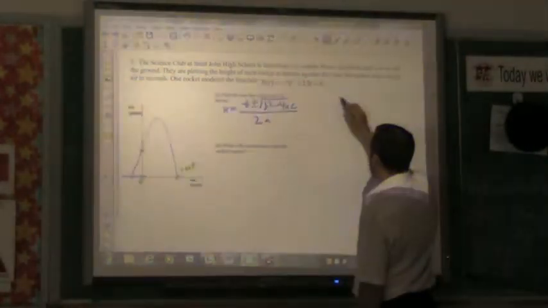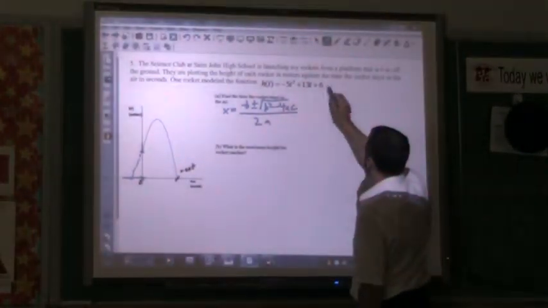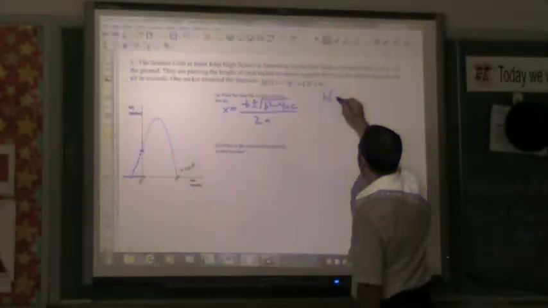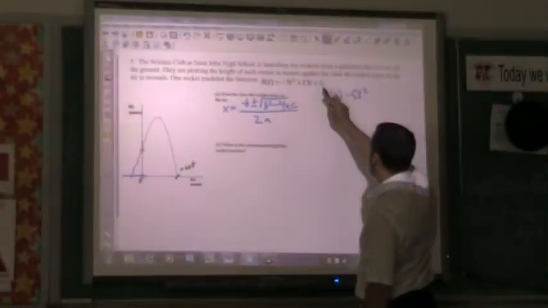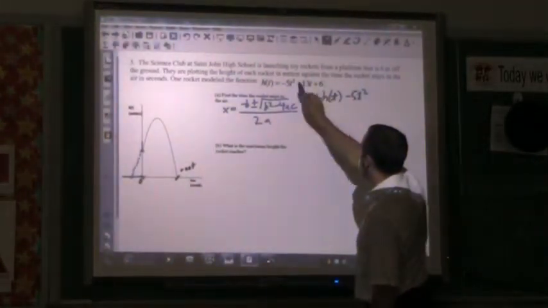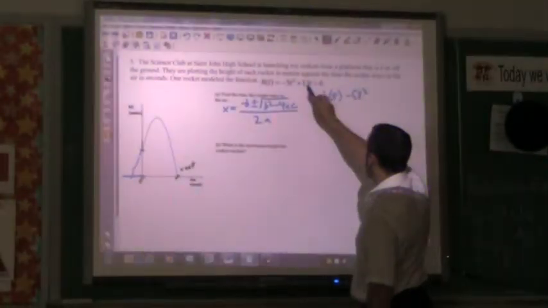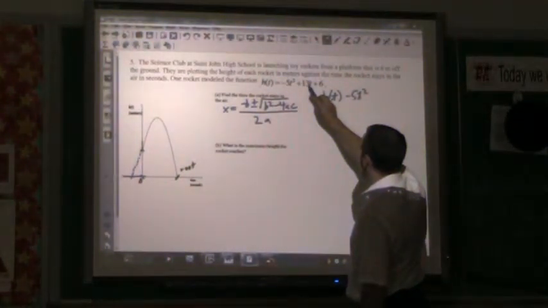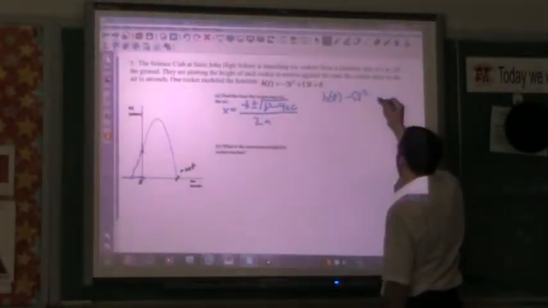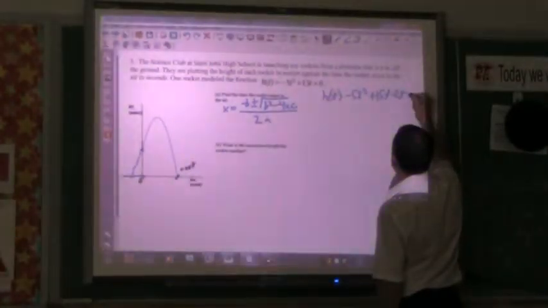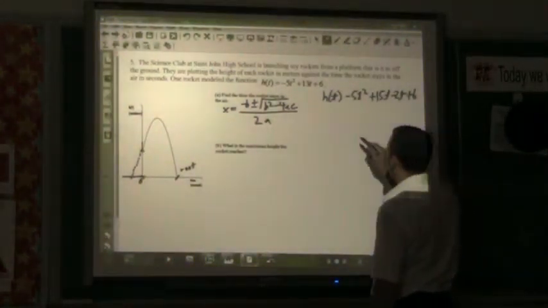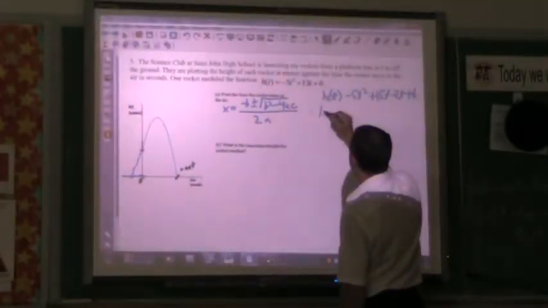If you factor by decomposition, you're going to say it's negative 5t squared. I need two numbers that multiply to negative 5 times 6, so negative 30, but add to positive 13. Well, that would be plus 15t minus 2t plus 6. Factor that all out.